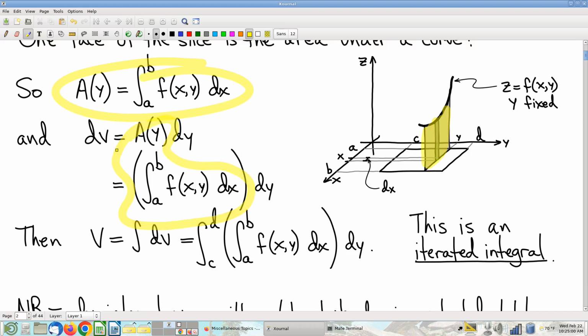Area times thickness. These little thicknesses, little pieces of the y-axis. Thickness is dy. And I'm going to take those areas times thicknesses, and I'm going to add those up as y now goes from c to d.